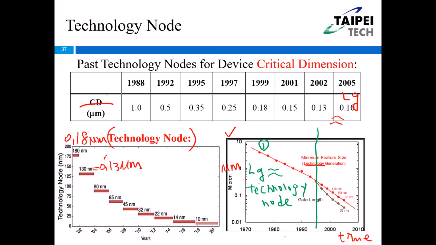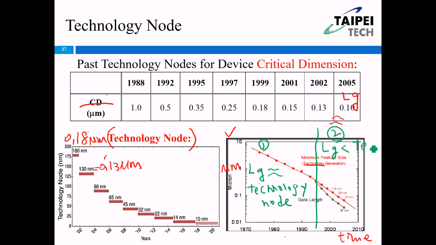So when you say 90 nanometer technology node, maybe the gate length is only 45 nanometer. 在第二阶段，你的 gate length 是远小于 technology node，因为那时候制程技术大幅的进步，所以当我们说90奈米的节点的时候，通常 gate length 可能已经只剩下45奈米，所以 gate length 本来就不等于你的 technology node. So for the second stage, the gate length is scaled down so fast, so the gate length is much smaller than the technology node.